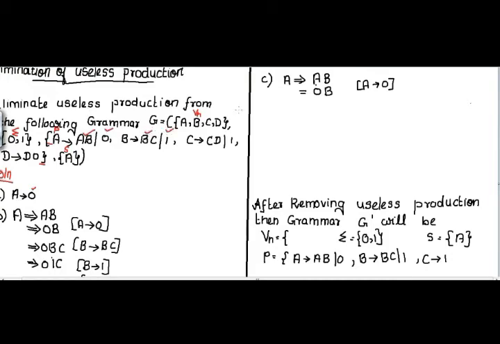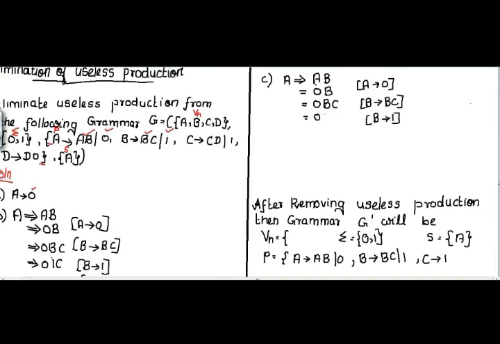So directly I'm going to substitute B tends to BC now because I want to check whether C tends to CD and D tends to D0 are useful or not. As I already know B tends to 1 and B tends to BC are useful productions, I don't want to check further. Hence I am going to substitute B tends to 1 now.